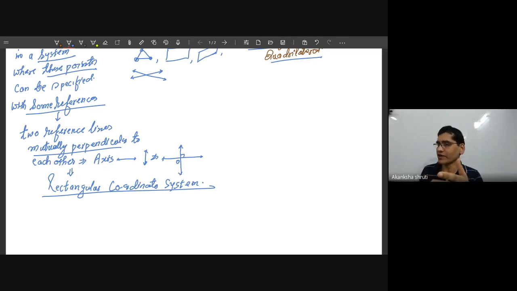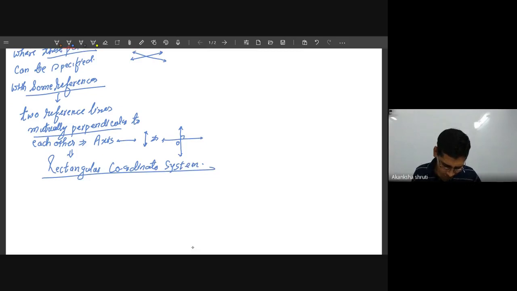Even cylindrical, spherical. You will learn this in a higher standard, but we have to learn about this one only. Just write the names of the other systems, maybe polar coordinate system.